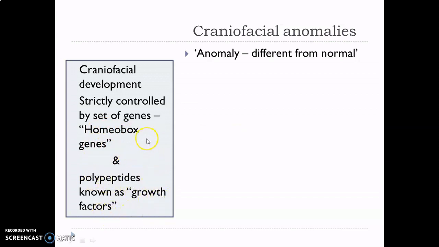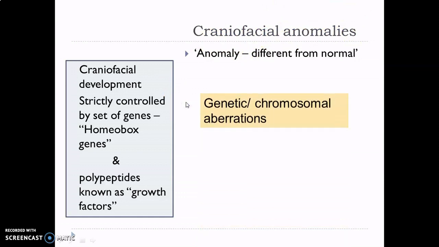So any insults that happen at the genetic or chromosomal level will lead to an anomaly, which means something different from normal. So the craniofacial anomalies result because of genetic or chromosomal aberrations as well as due to environmental insults. The environmental insults usually are in the form of teratogens.